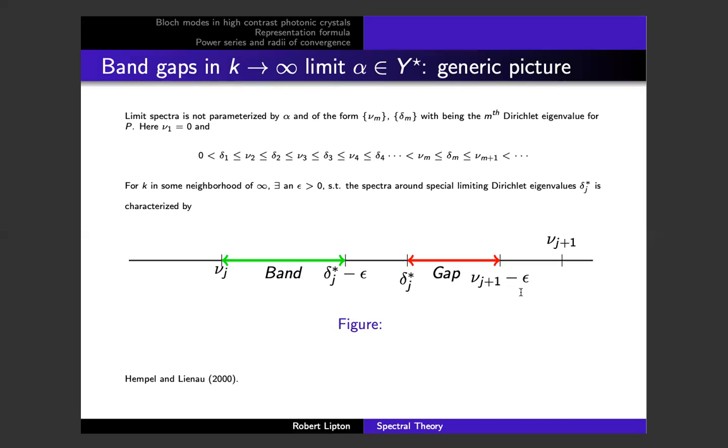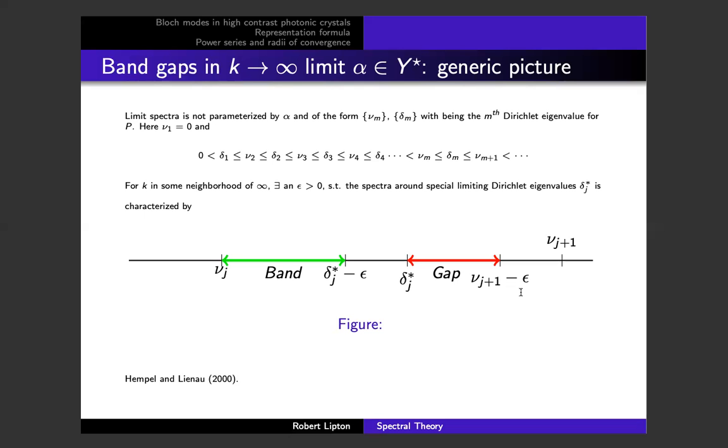The question we had, when we looked at it, was: is it possible to say what epsilon is? That is, can we relate epsilon to the contrast? What is the limiting contrast that we would need? Or, let's take a neighborhood of infinity. Let's figure out neighborhoods of infinity for which we have bands and band gaps that look like this figure, and say what that neighborhood of infinity looks like and characterize it.